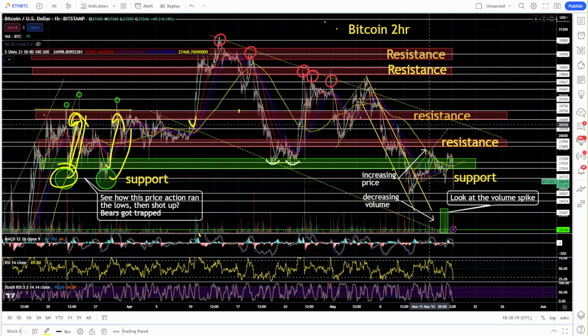The 2-hour chart. You had this rising broadening wedge, and you got volume coming in. A little bit of a double top.